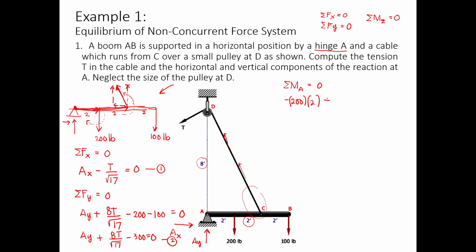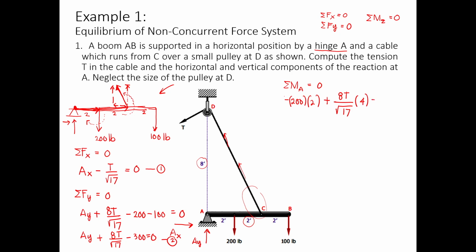So since this one is counterclockwise, the vertical component, as we solved earlier, is 8T all over the square root of 17 and then times 4. That's the distance.